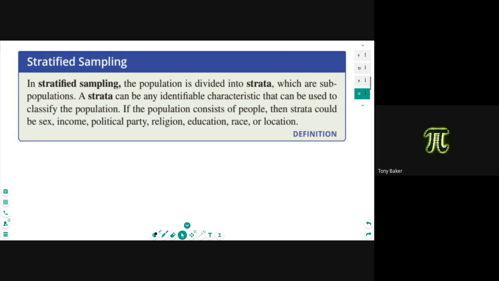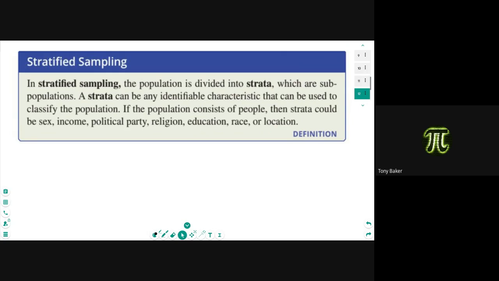So the example I just gave was an economic one, which is quite often used. You can do this by political party, you can do it by sex, you can do it by income, everything. Any kind of identifiable characteristic. You break the population into those groups or strata, and then those are now your subpopulations.